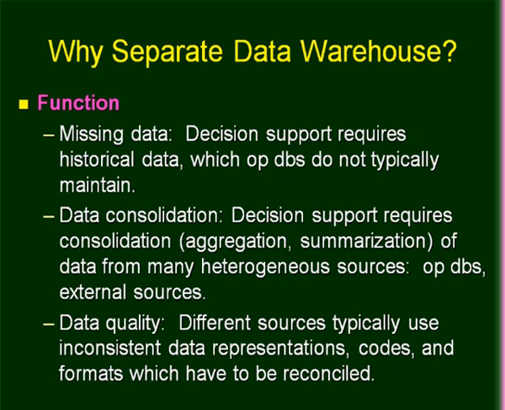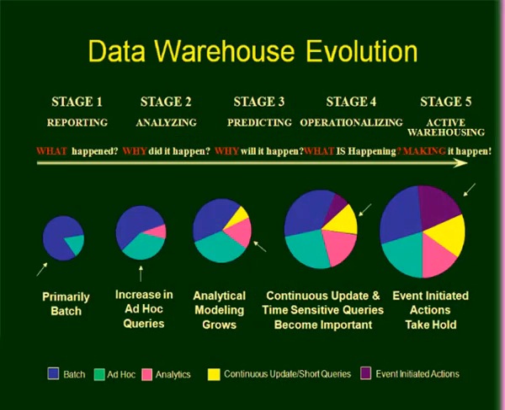That's why the data consolidation function is very important. As I already mentioned, different sources typically use inconsistent data representations, codes and formats which have to be reconciled. That means you have to bring them into a unified format.